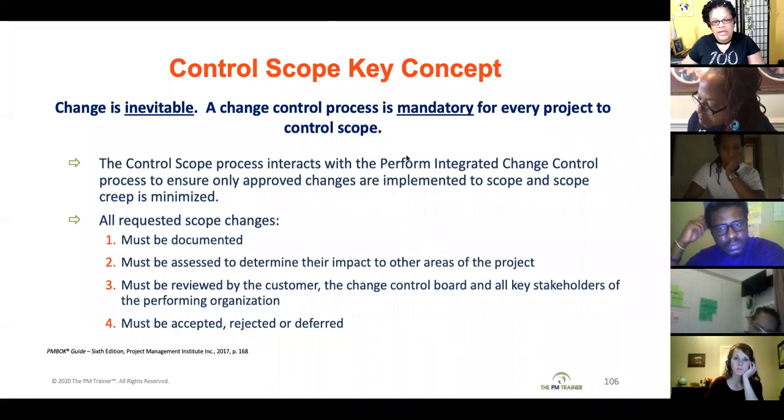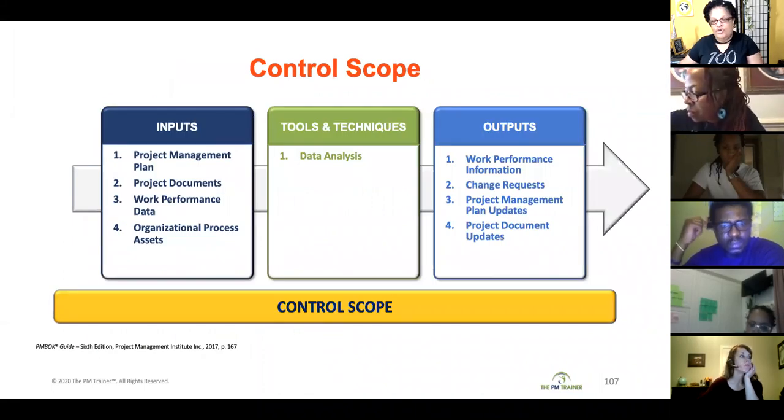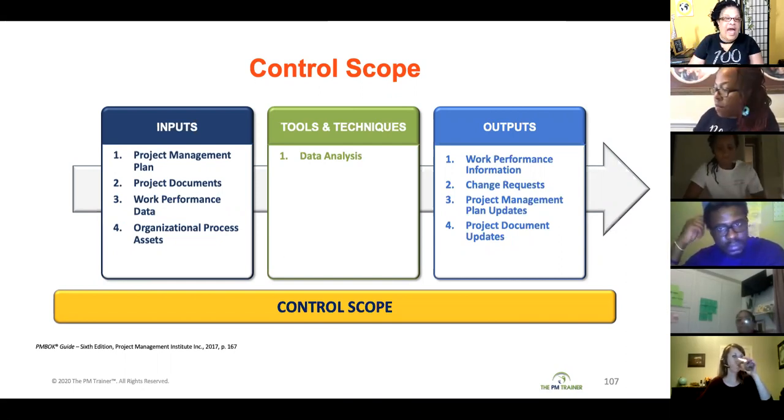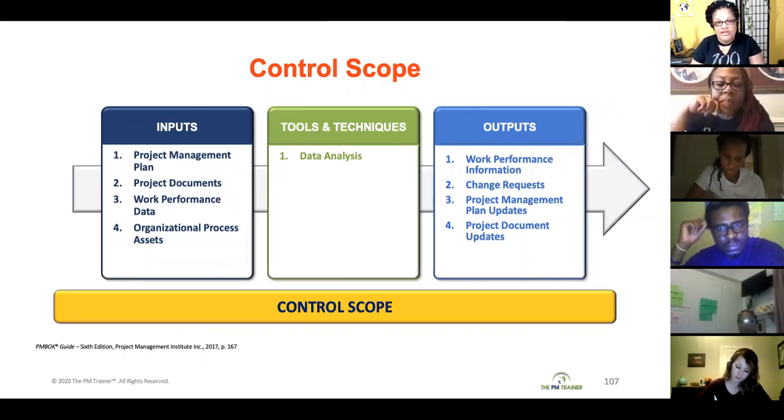Okay? The ITTOs for your control scope process start with your project management plan. Your scope management plan is going to tell you exactly how you're going to manage changes to the scope. You're going to use your requirements management plan to understand how the requirements are going to be managed. You're going to use your change management plan in order to determine how you're going to process that scope change request through your perform integrated change control process.